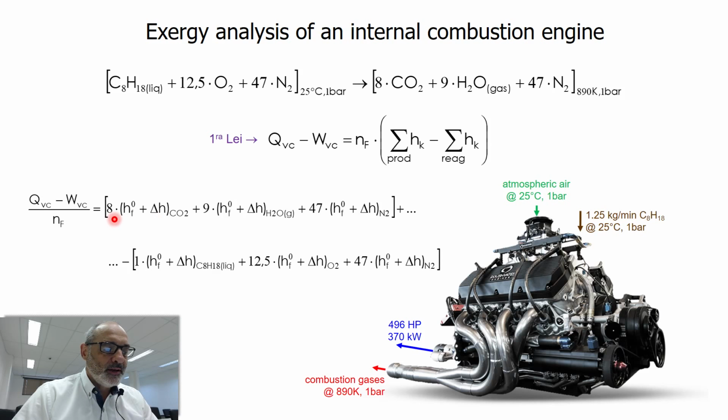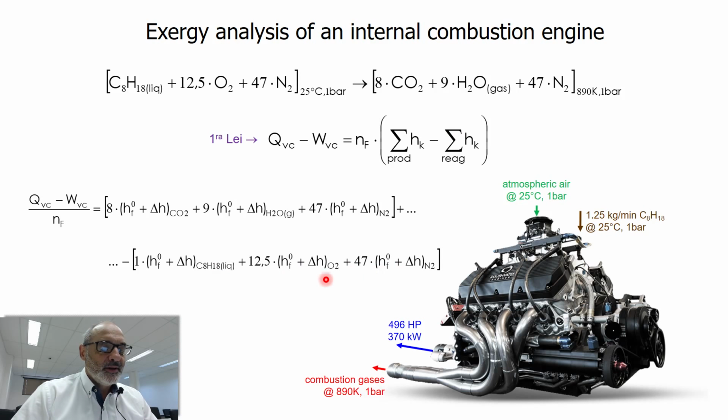8 moles. This is entropy of CO2. So this number 8 refers to this number 8 here. 9. This is entropy of H2O. So 9 refers to this number here, and 47 of N2 here.